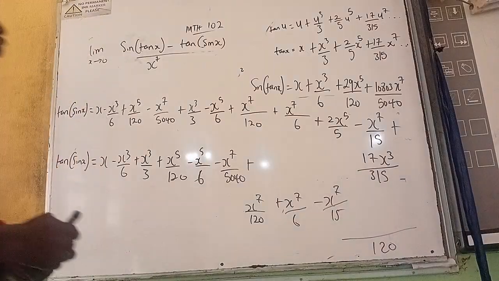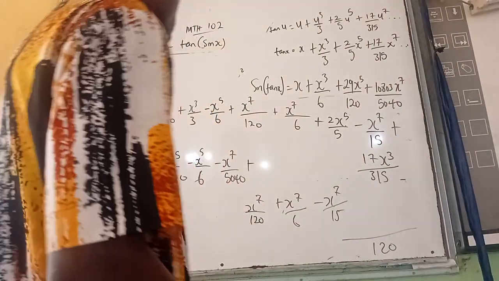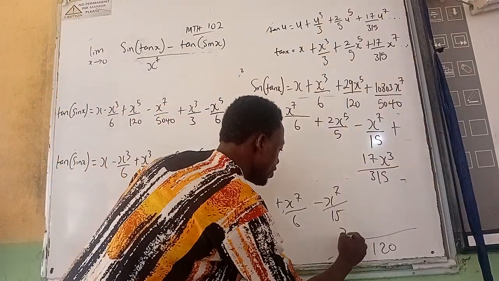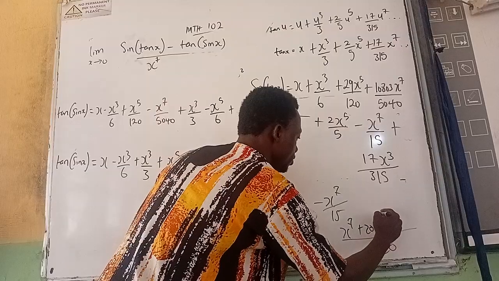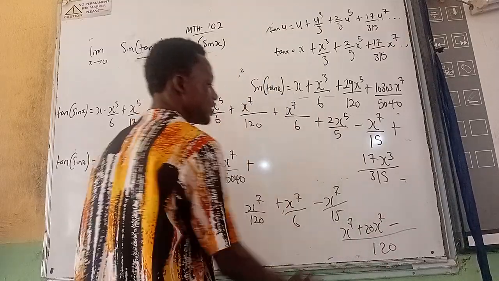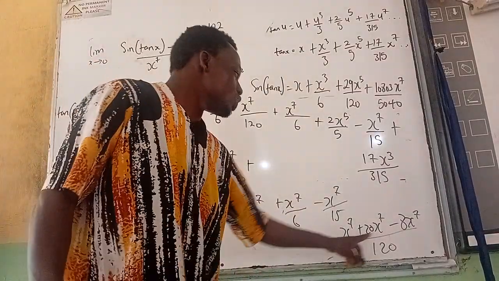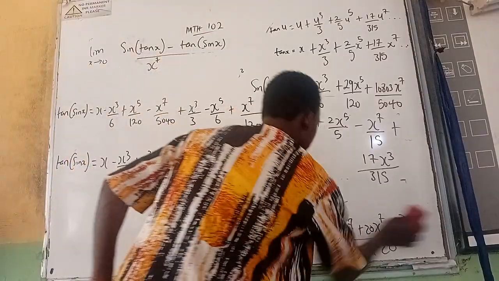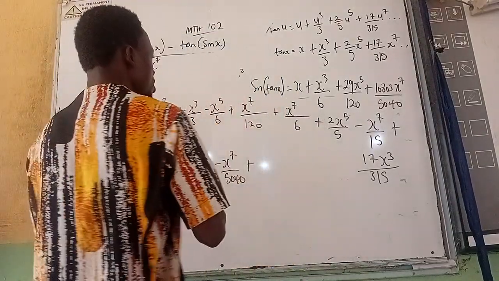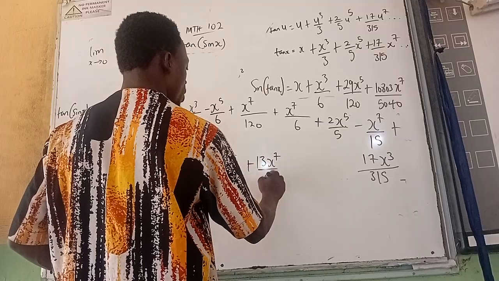Can 15 go in 120? Yeah. So 120, this guy gives us x^7, this is 20, plus 20x^7, 15 in 120 is 8, minus 8x^7. So 20 plus 1, 21 minus 8, that's 13. So we have 13x^7 over 120.